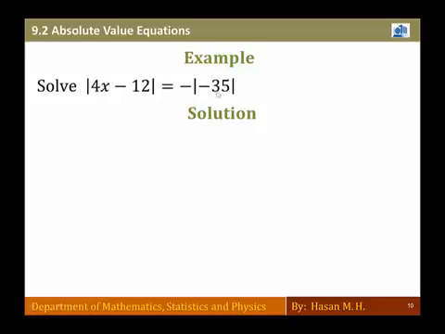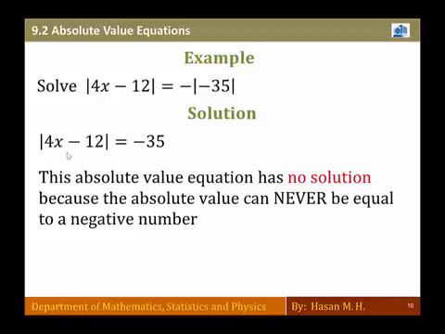And the absolute value of negative 35 is 35. We will have the absolute value of 4x minus 12 equals negative 35. This absolute value equation has no solution because the absolute value can never be equal to a negative number.